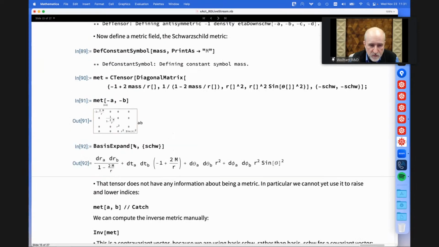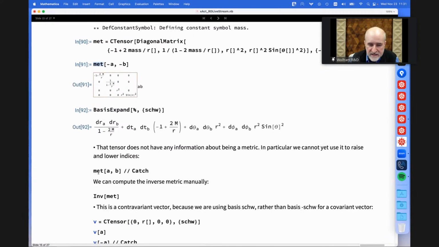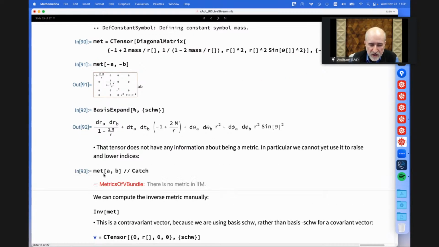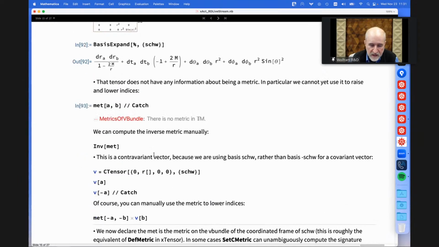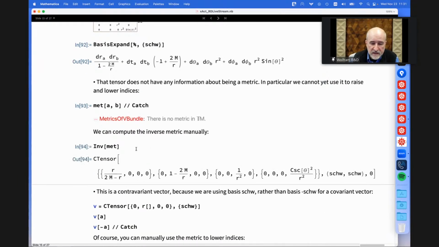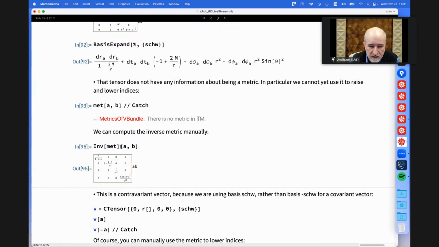Okay, notice that we have just introduced this thing, but we called it met, and the system doesn't know yet that this is a metric. So if you try to get this thing with upper indices, it will complain, I don't know a metric yet. But you still can do things like, for example, compute its inverse, right? So now this object does have upper indices.